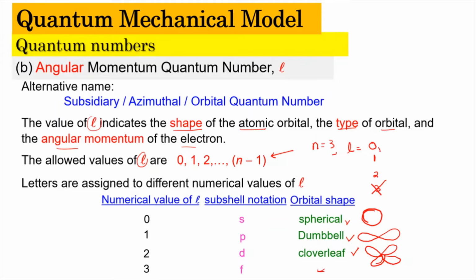So you can only get 3 possible values. If it is 3, 0, then it's going to be a spherical shape, so it's going to be 3s. If it is 3, 1, then it's going to be written as 3p for the subshell. If it is 3, 2, the 2 here is going to be d, so it's going to be 3d. Okay.